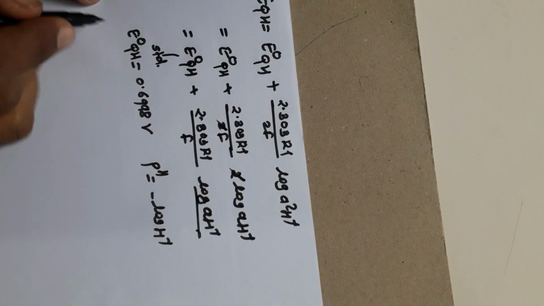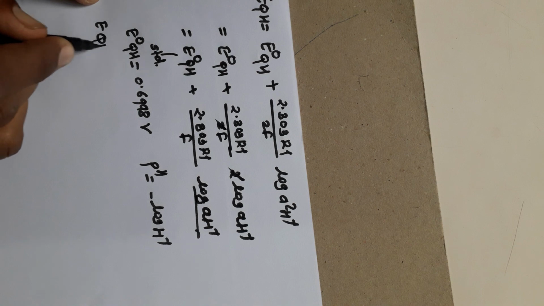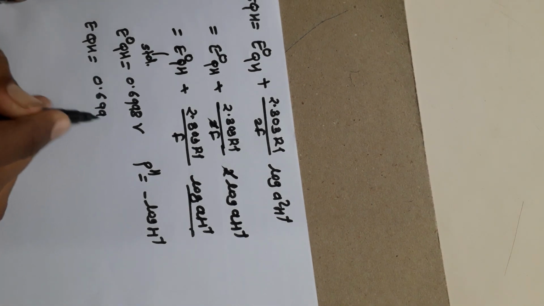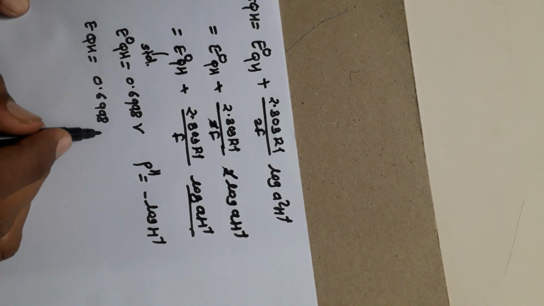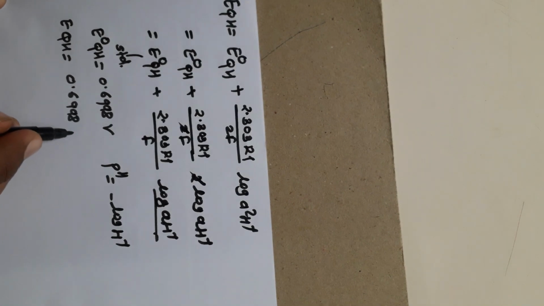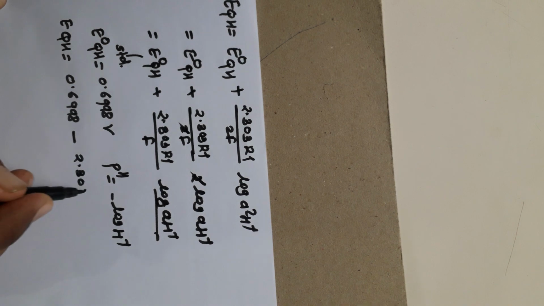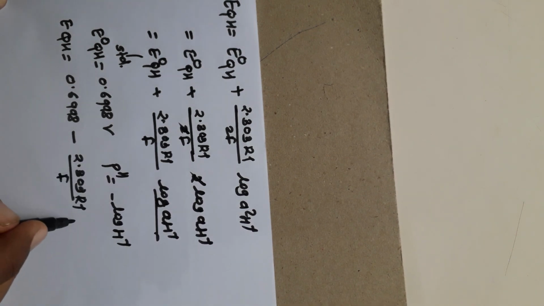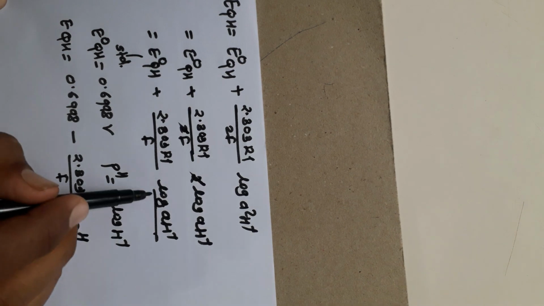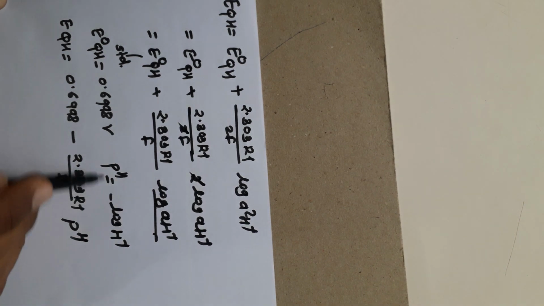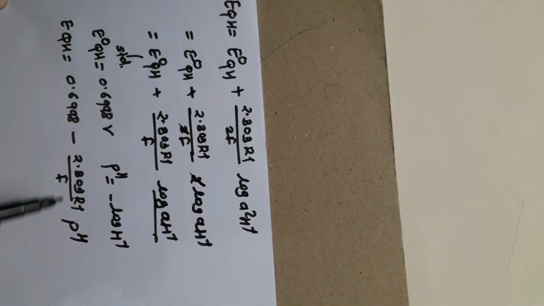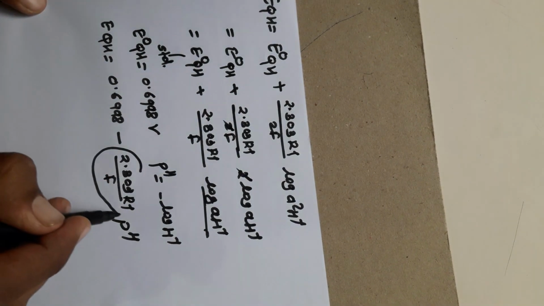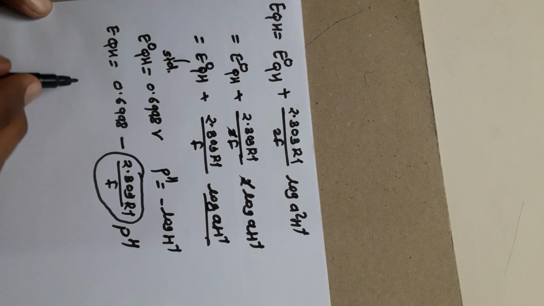Put this value: E quinhydrone is equal to 0.6998 minus 2.303 RT upon F pH. This is the negative logarithm of H plus, that's why minus pH.